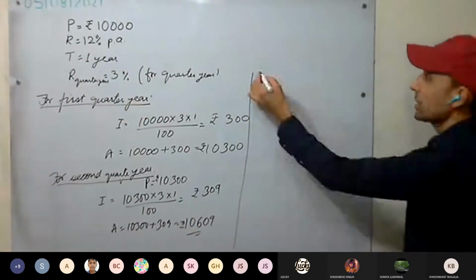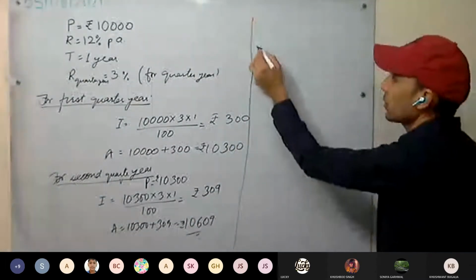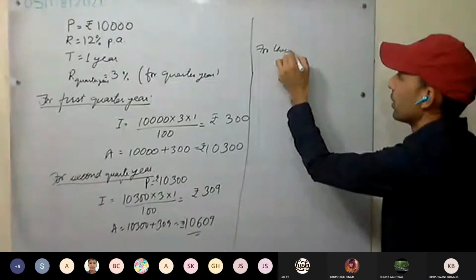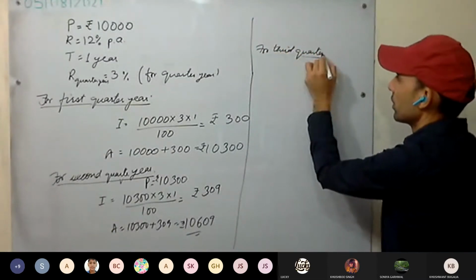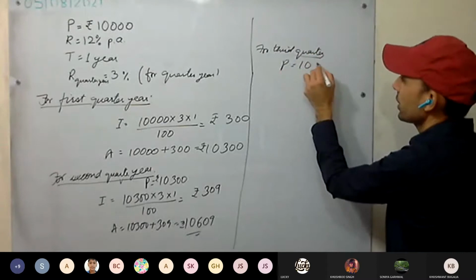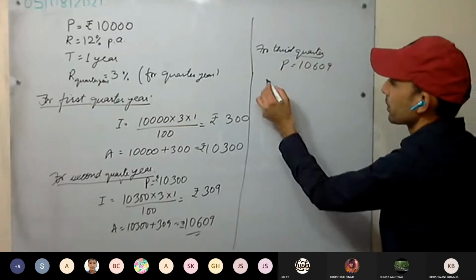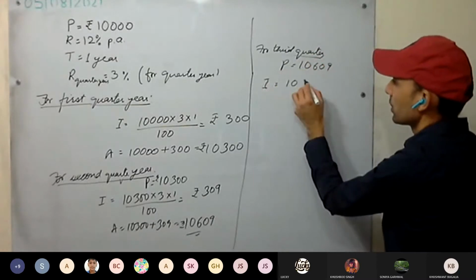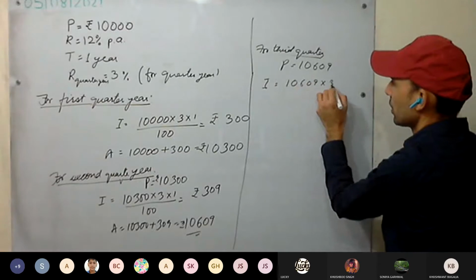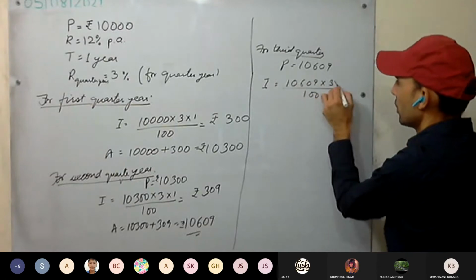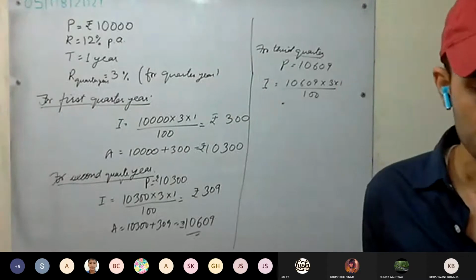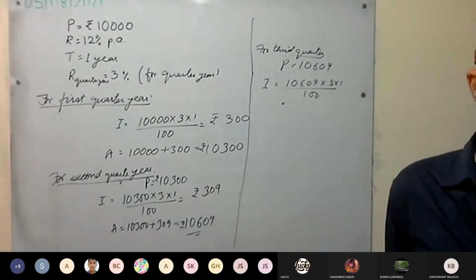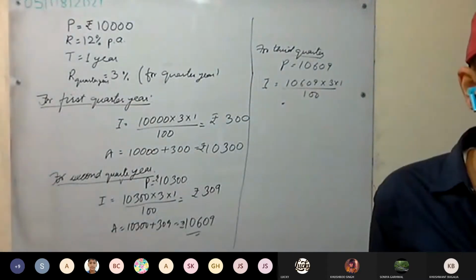Okay, calculate after the third quarter. For the third quarter, principal equals 10,609. Interest equals... Okay, take your time. Be a little bit slow.